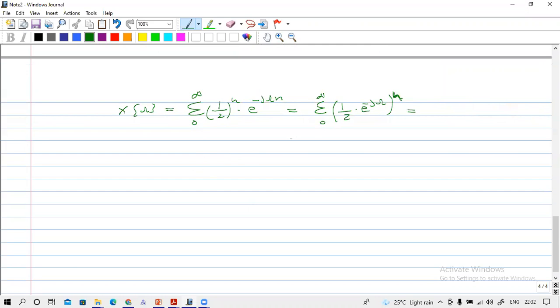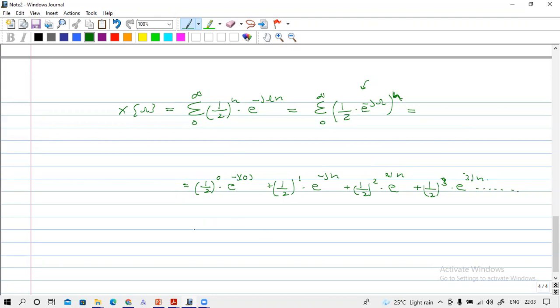If we expand this, one will have 0 e^(j0) plus 1 e^(jn) plus 2 e^(2jn) plus 3 e^(3jn), and so on.